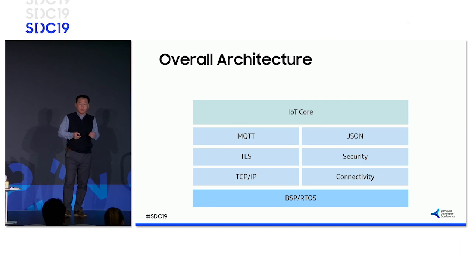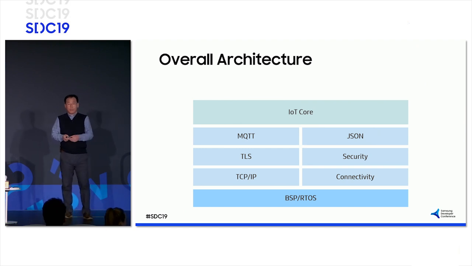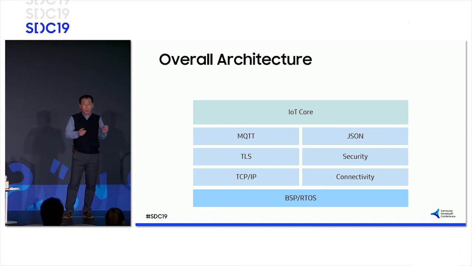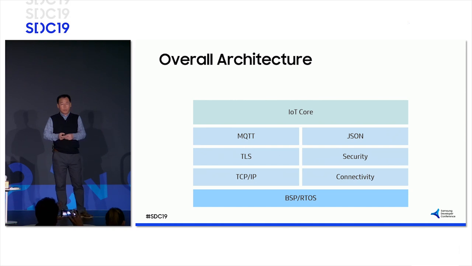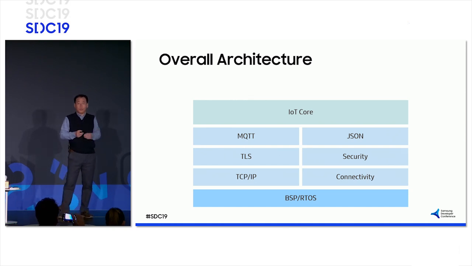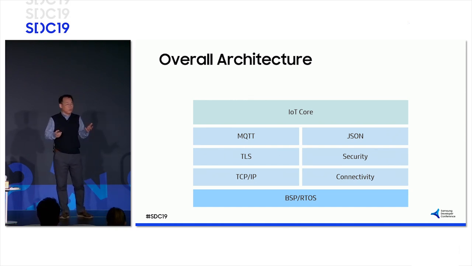All right, let's look at the overall architecture of SmartThings Device SDK. As you can imagine, the IoT Core block works with MQTT built on TCP/IP. The MQTT connection is an encrypted TLS connection to protect the data in transit.